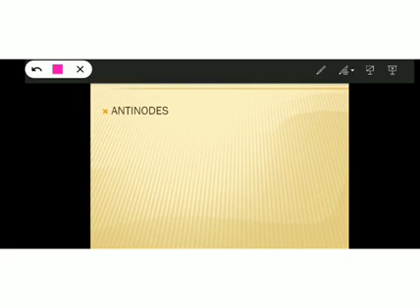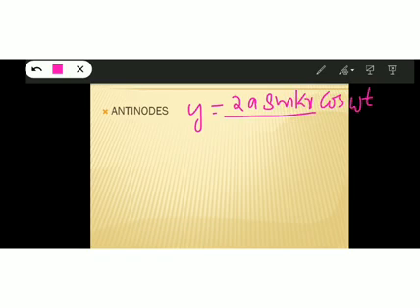So, you know, antinodes are the points of maximum amplitude. Our resultant wave is 2a sin kx into cos omega t, and here 2a sin kx is the amplitude. The amplitude will be maximum when sin kx takes its maximum value.